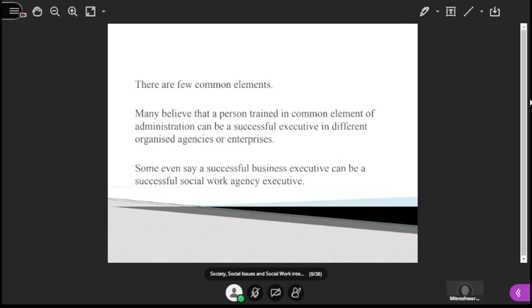There are few common elements. Many believe that a person trained in common elements of administration can be a successful executive in different organized agencies or enterprises. Some even say a successful business executive can be a successful social work agency executive.